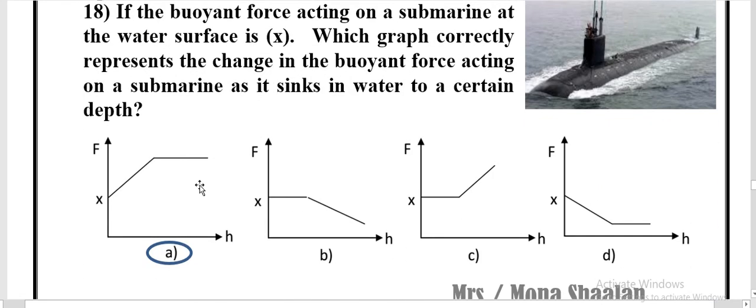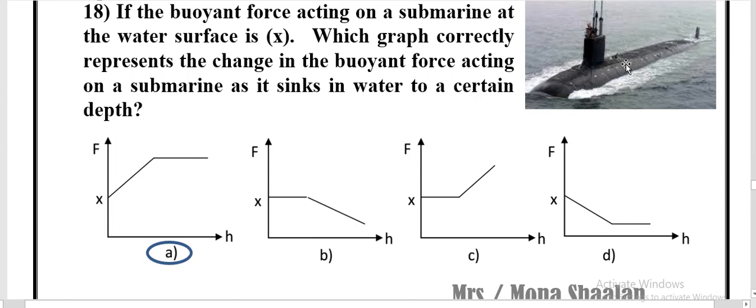Question number 18. If the buoyant force acting on a submarine at the water surface is x, where x is the beginning value of the buoyant force, which graph correctly represents the change in the buoyant force acting on the submarine as it sinks in water to a certain depth?